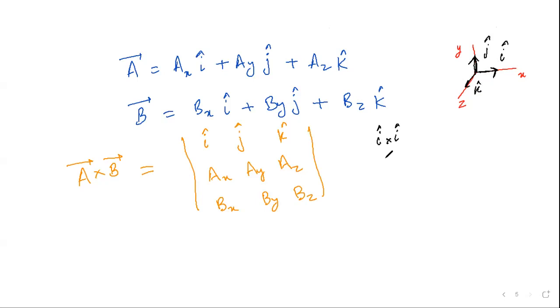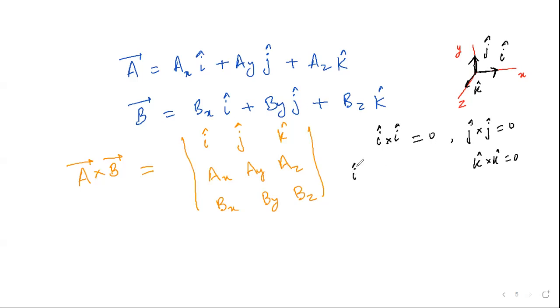Because the angle between i and i is zero, sine zero is zero. Likewise, j cross j is zero, k cross k is zero.